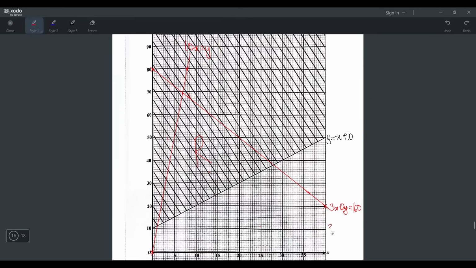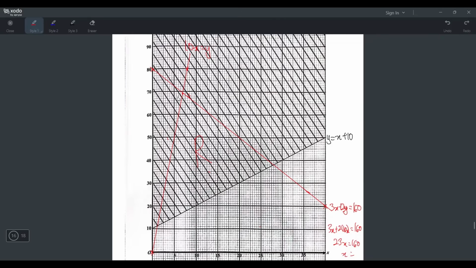So you substitute into 3x plus 2y equals 160, and y is 10x. 2 times 10 is 20, plus 3 is 23x equals 160. To get your x, it will be 160 divided by 23. My calculator gives me 6.956, so that's your x, 6.9 something.